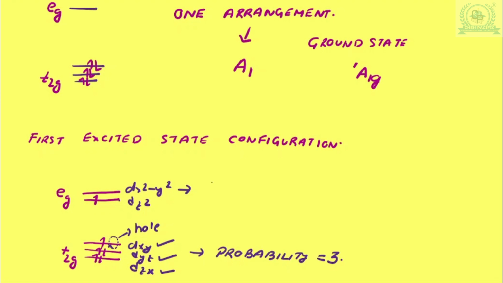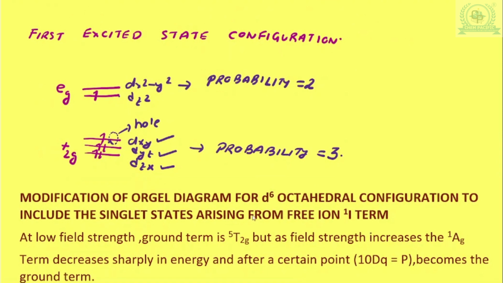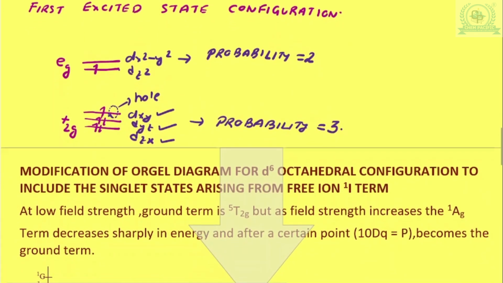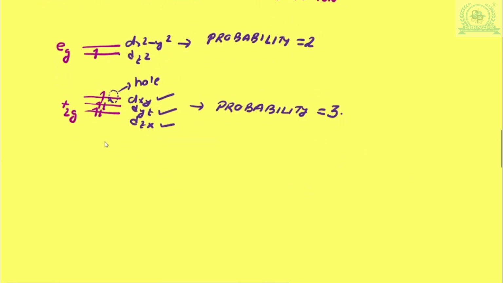As a result, the total probability is, by formula, 3 into 2, which is 6.